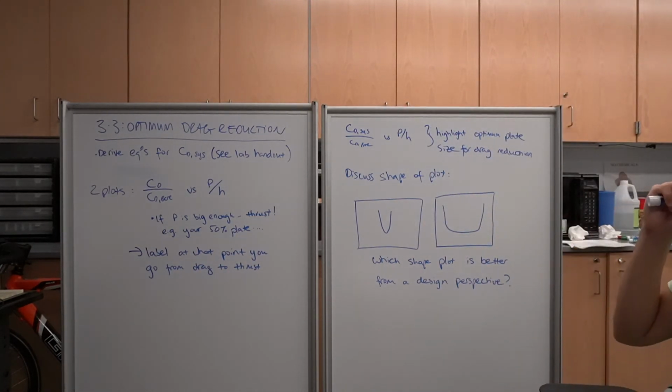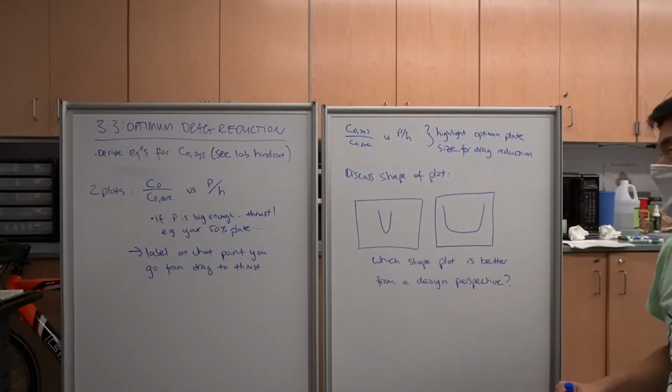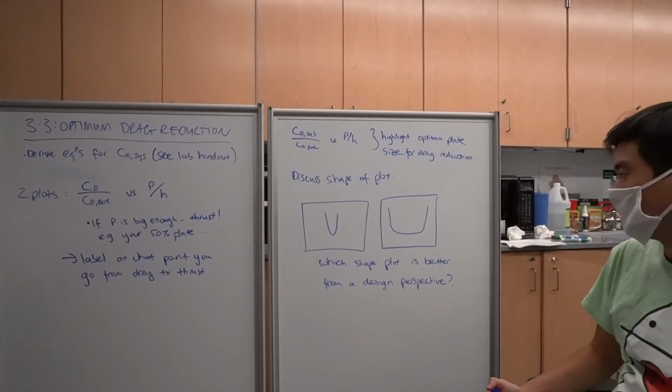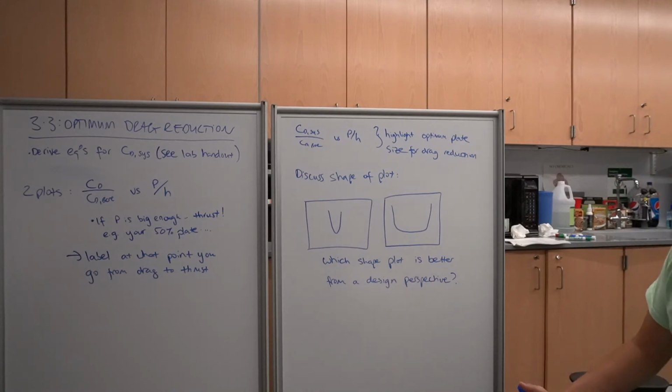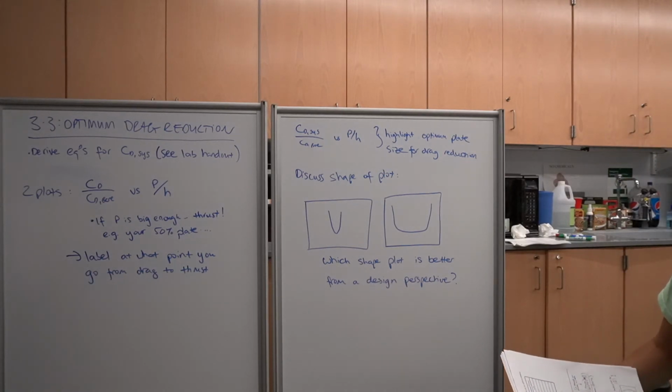And basically what we want to see is a plot of CD system over CD var versus P over H. And you're going to find what the optimum plate size is for drag reduction.